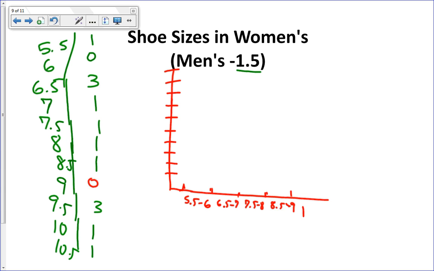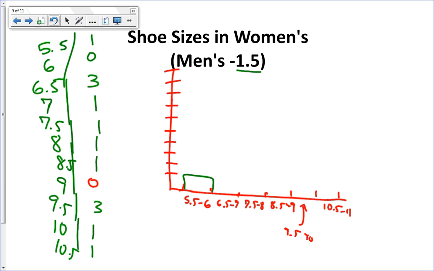And then right here, we have 9.5 to 10. 10.5 to 11. Okay. How many are in the 5.5 to 6?